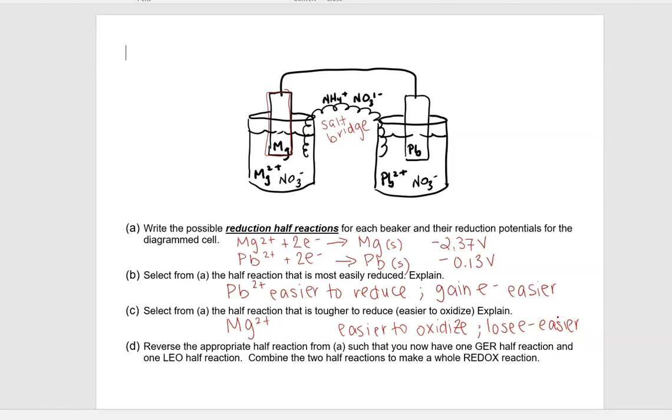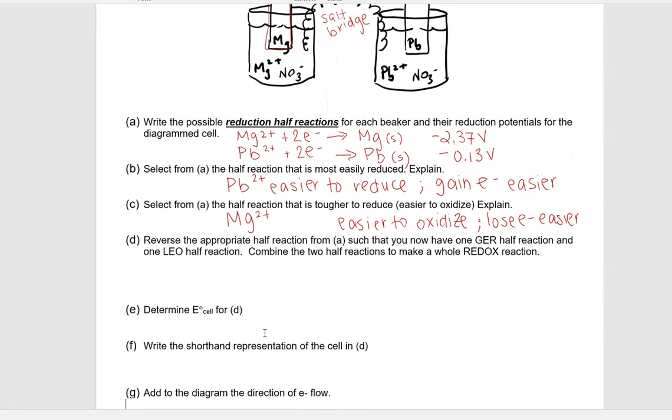It says then part D. Let me move the slide down here a little bit. Okay, I'm going to try to squeeze that all in. Reverse the appropriate half reaction from part A such that now you have the GER portion half reaction and 1 LEO half reaction. So you're going to have a complete redox reaction.